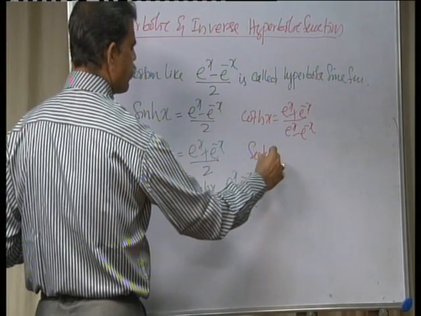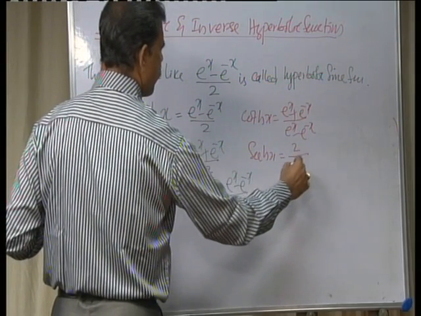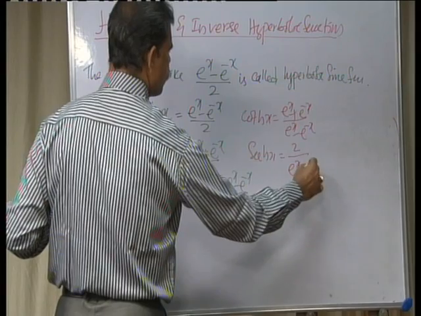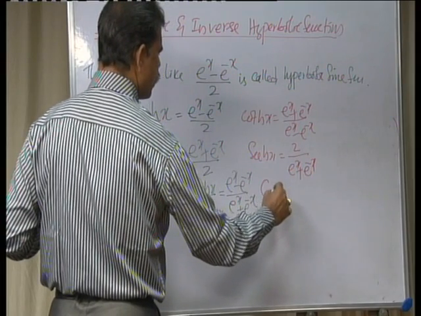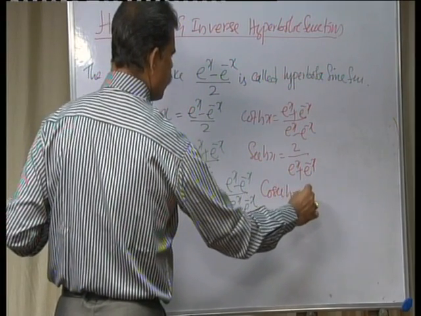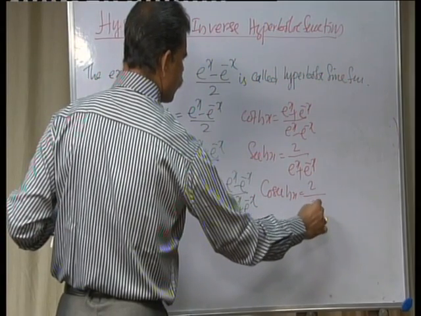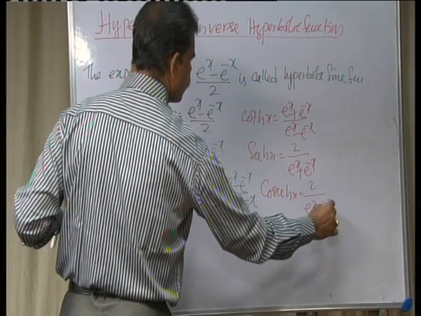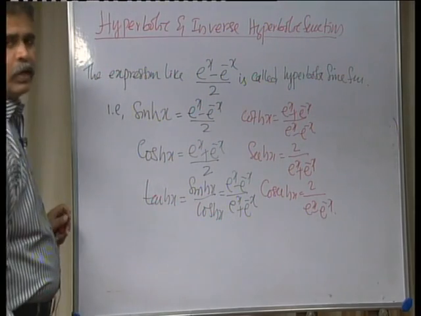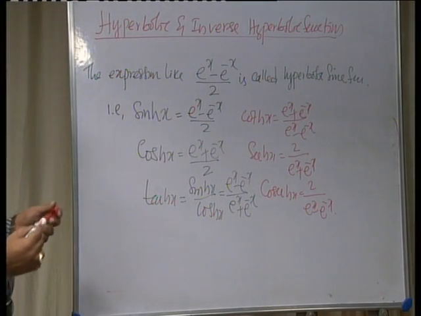Sech x is equal to 2 by e to the power of x plus e to the power of minus x. Cosech x is 2 divided by e to the power of x minus e to the power of minus x, because it is 1 by sin hx.